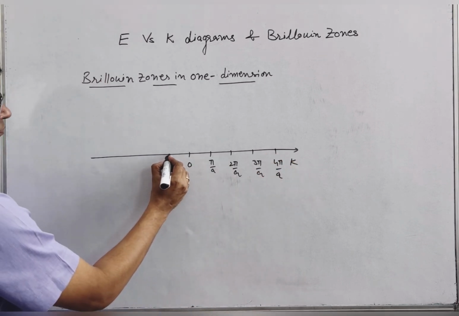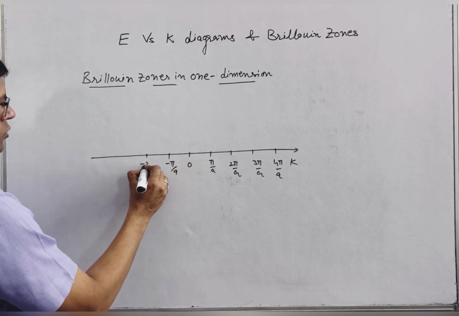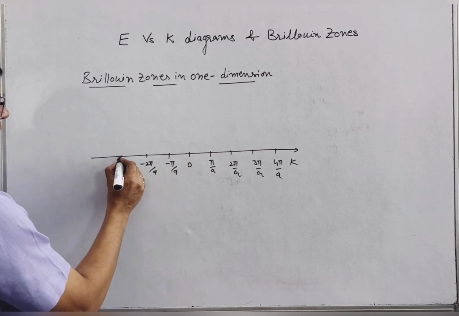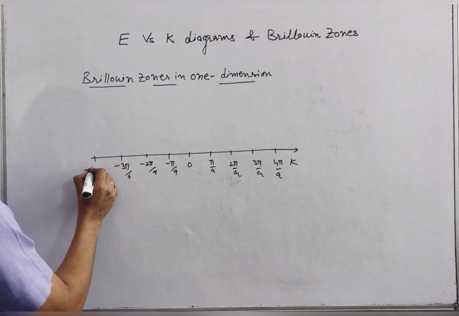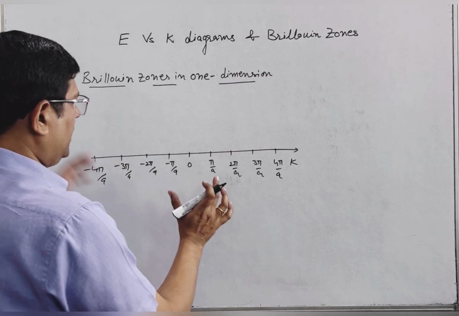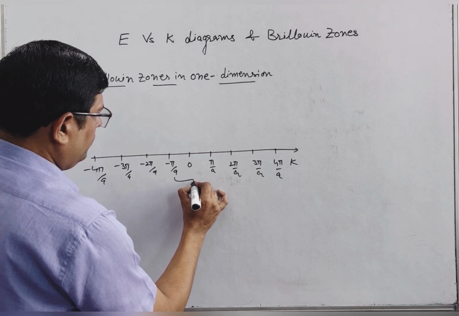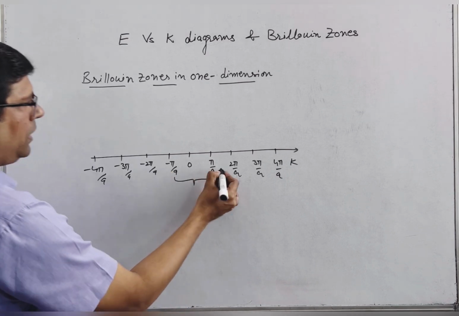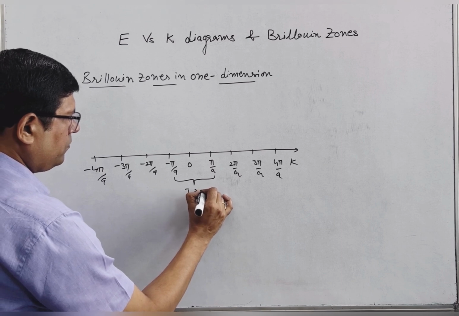Similarly on the left side, minus pi by a, minus 2 pi by a, minus 3 pi by a, minus 4 pi by a and so on. So the first Brillouin zone as discussed is between minus pi by a to plus pi by a. This is the first Brillouin zone.